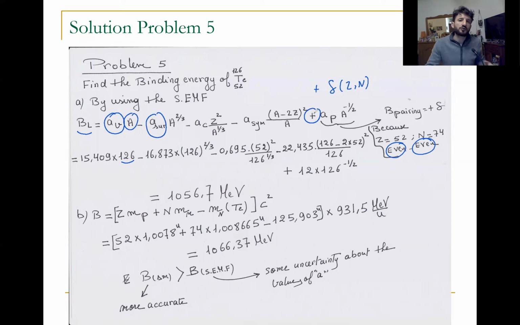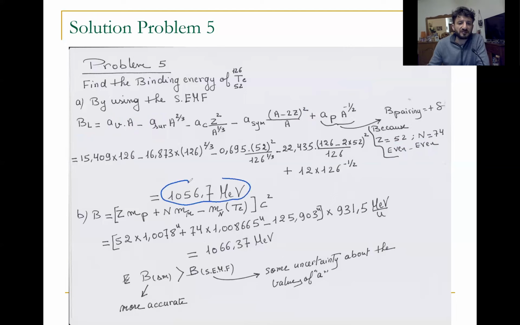If we have odd, equal to 0. If we have odd-even, you put minus. Because it's very important: as we have even Z and N numbers, in this case you have to put positive. You substitute the values, and here you finally get this value of the binding energy.